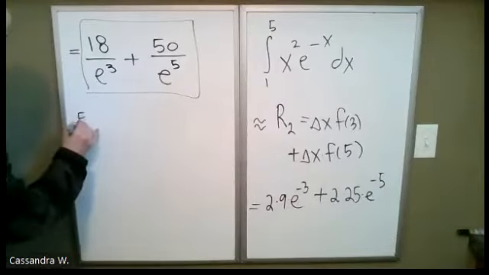Okay, like this one. We're going to find the integral from 0 to 3 of 25 minus x squared dx.